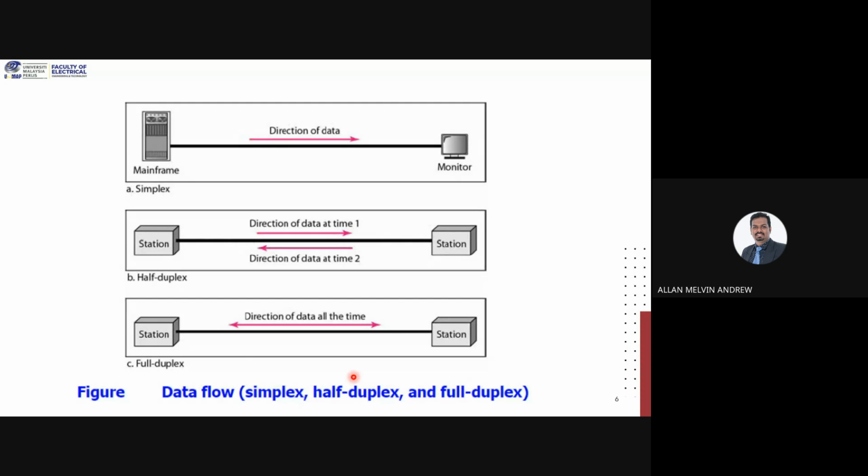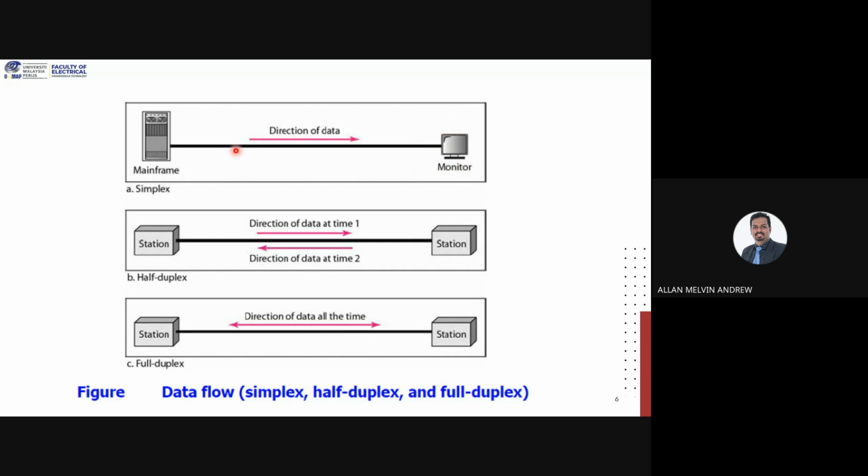So, data flow can be of three types. The first one is simplex. Here is the direction of data: you have a mainframe or a server, and from the mainframe you send information, and the information appears on the monitor.